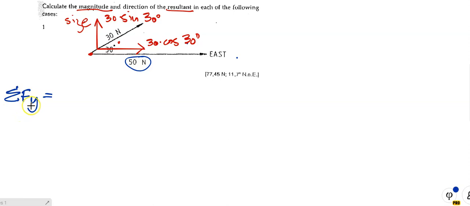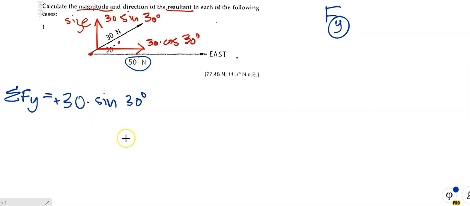Sum, and that is small y, written like this. Capital F small y, we call that a subscript or a footscript. It's at the foot of the capital letter. Okay, that is how we do that. Right, I'm summing vertical forces. That's going to be plus. Okay, why is it plus? Because from our sign convention, all forces going vertically upward is considered positive. So you can put the plus sign in or leave it out, doesn't matter. It's 30 sine 30 degrees.